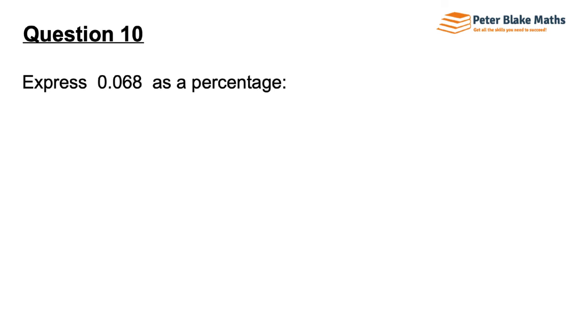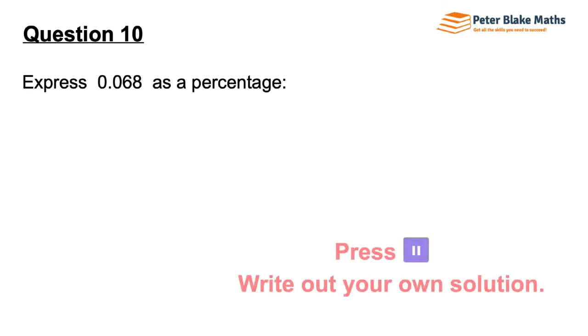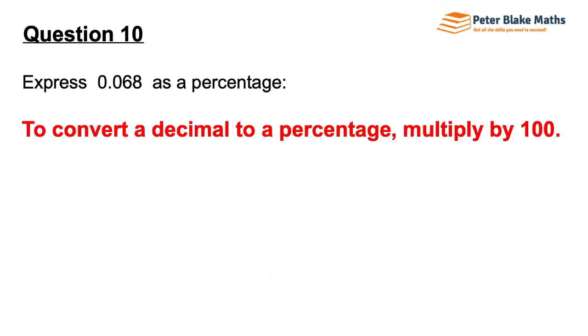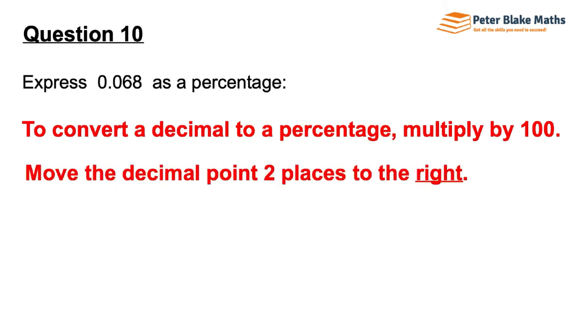Question 10. Express 0.068 as a percentage. To convert a decimal to a percentage, we multiply by 100. When we multiply by 100, we move the decimal point 2 places to the right.